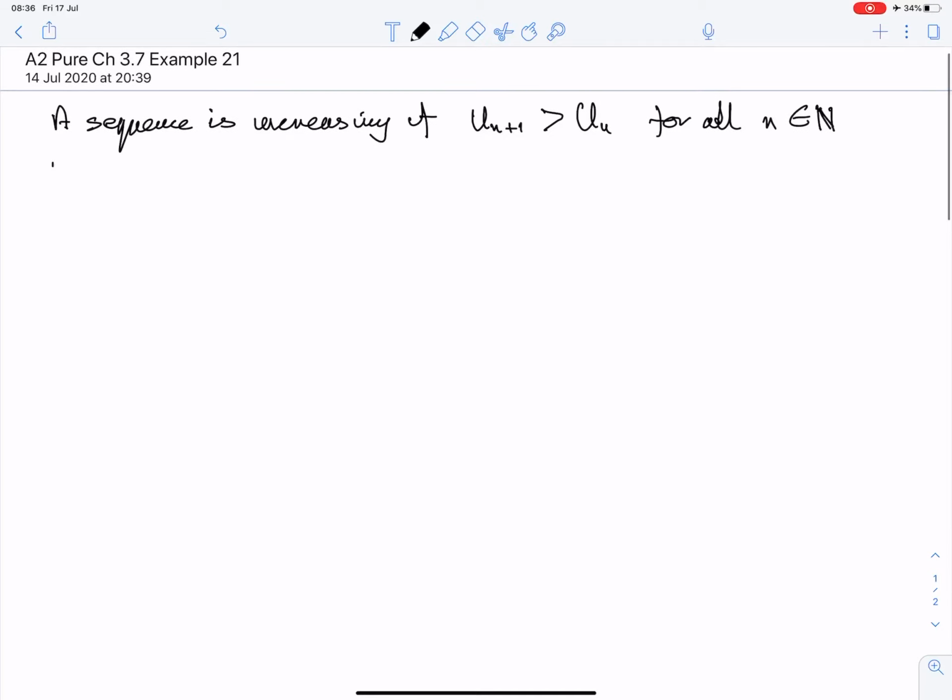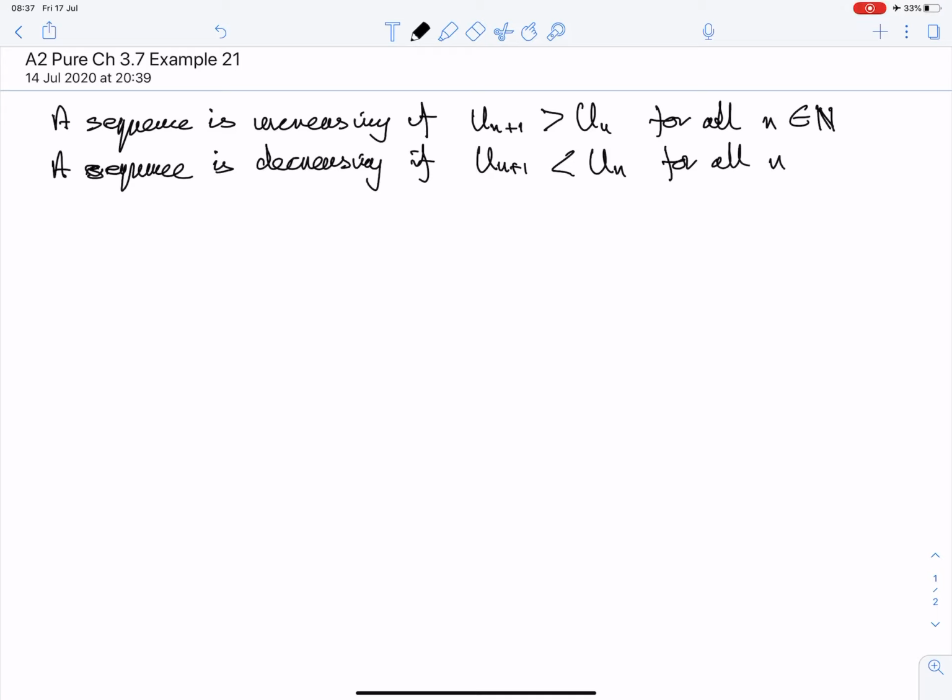Similarly, a sequence is decreasing if un plus 1 is less than un for all n a member of the set of natural numbers.